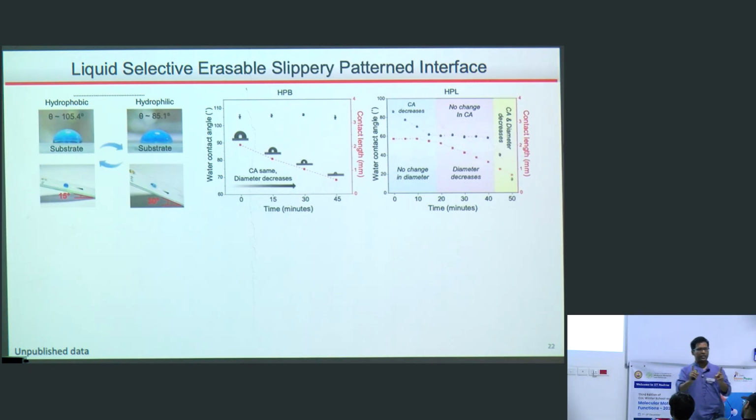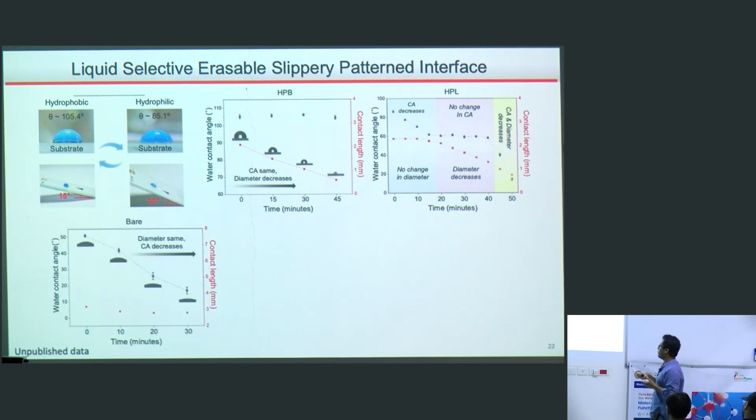So the characteristics are very different. Because of that, you can literally design some very smart patterned interfaces, and that could be useful for anti-counterfeiting applications.